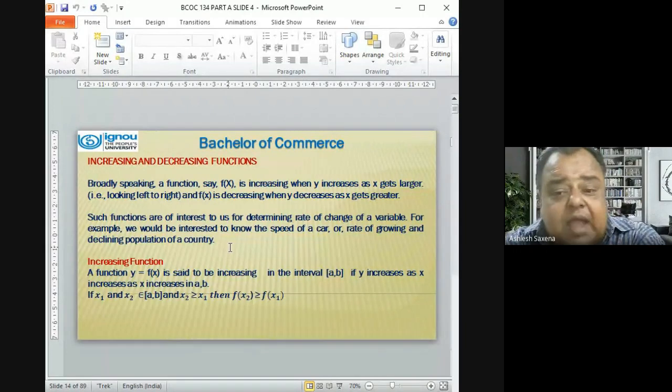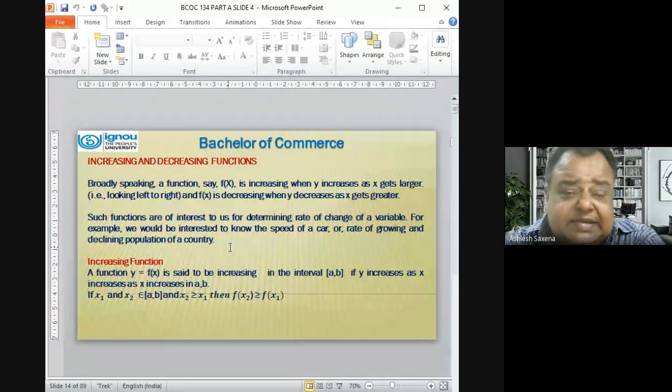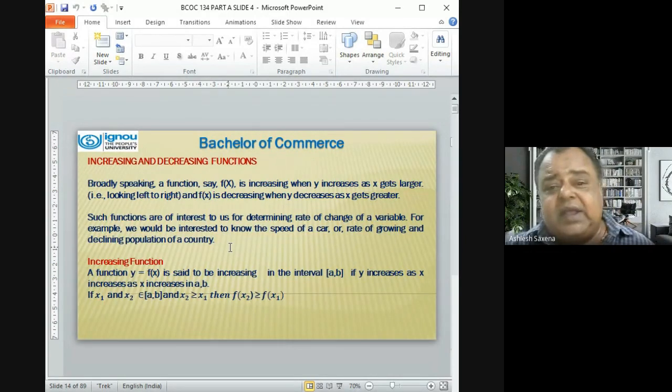Now, how to apply this and how to write the answers. Broadly speaking, a function f(x) is increasing when y is increasing as x gets larger, that is, looking left to right. And f(x) is decreasing when y decreases as x gets greater. Such functions are of interest to us for determining the rate of change of a variable.